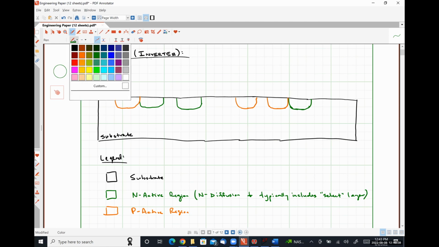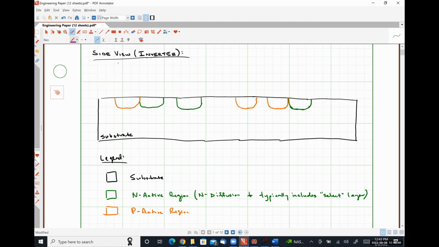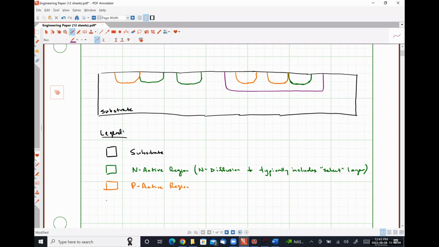And then we are going to have this special guy right here that entirely encapsulates that PMOS transistor. And this is the N-well layer. And we're going to be talking about it today once I finish drawing this picture.